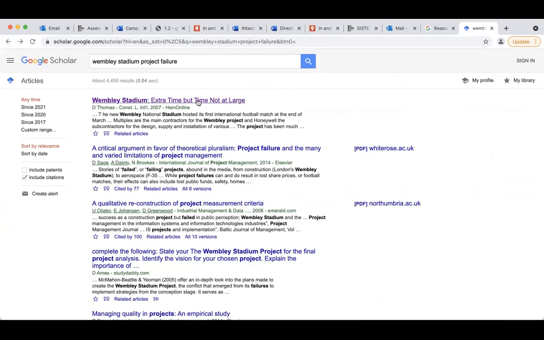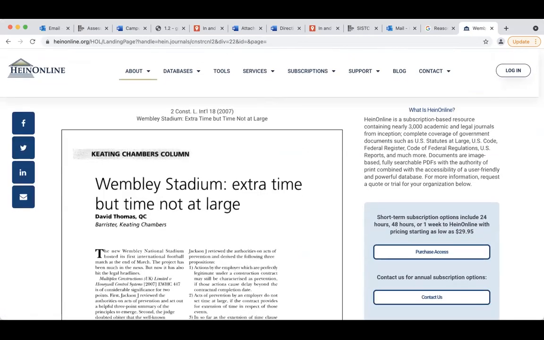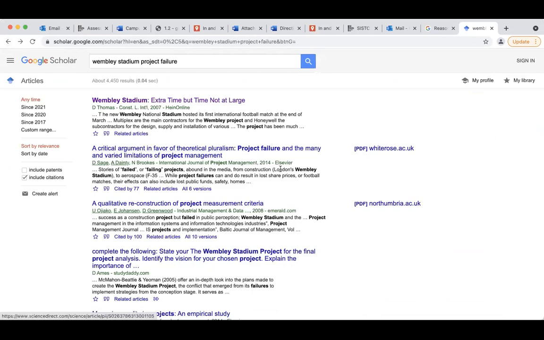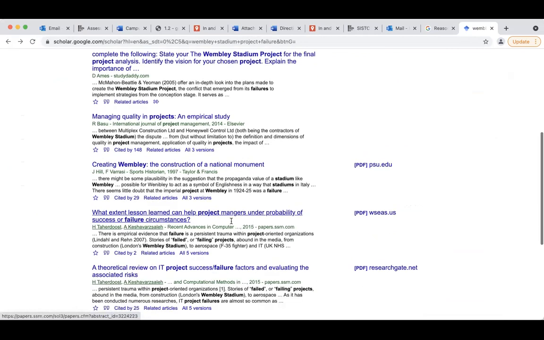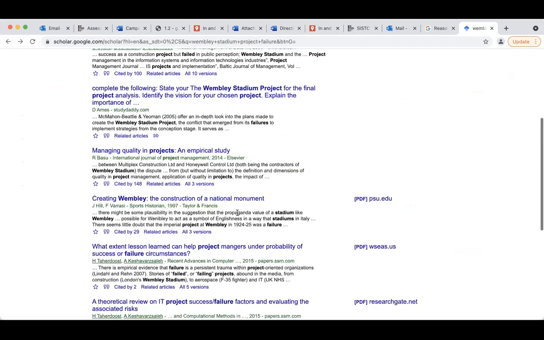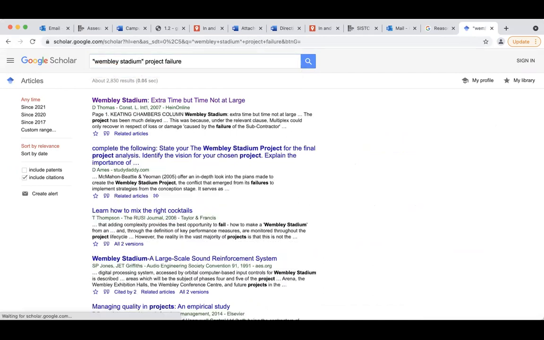But let me see if I can download the whole thing. You need to purchase access. Well, I don't want you to purchase access to read that information. Creating Wembley. Let me try to search for specific keywords.